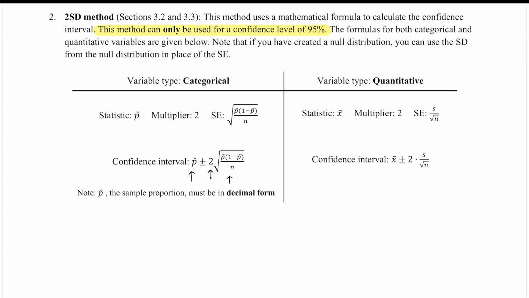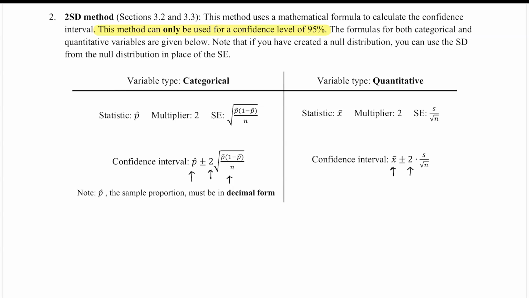We had on our formula sheet, and we have used before, the square root of pi times 1 minus pi over n, where pi came from the assumption in the null hypothesis. Now we're saying we could create one of these confidence intervals without actually having a null distribution or having any hypotheses, and in place of pi from the null hypothesis we'd use p hat from the sample.